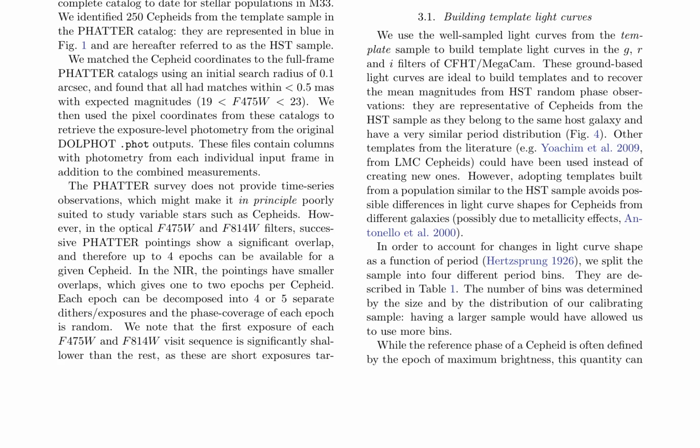Overall, this study presents a detailed analysis of M33 Cepheids, leveraging a large sample of high-quality data to construct accurate template light curves and recover mean magnitudes from HST photometry. The authors' methodology and results have important implications for understanding the properties of Cepheids in M33 and other galaxies.